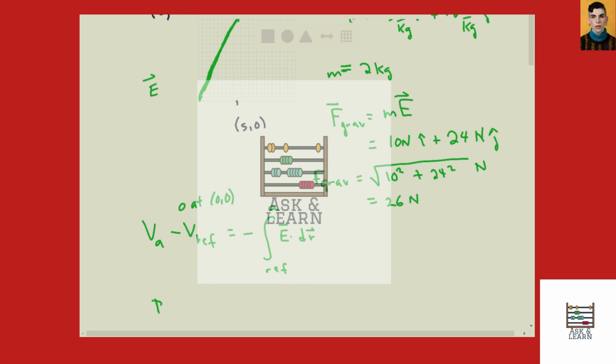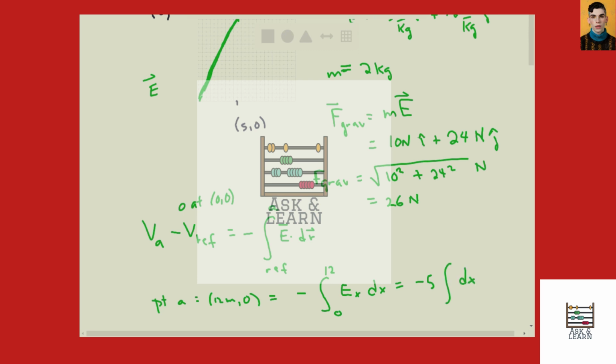So let's take point A, which is 12 meters in x and origin in the y. And so the y direction is not moving anywhere. So that would be minus the integral of E_x times dx between 0 and 12. And of course, the E_x is just a positive number, 5.